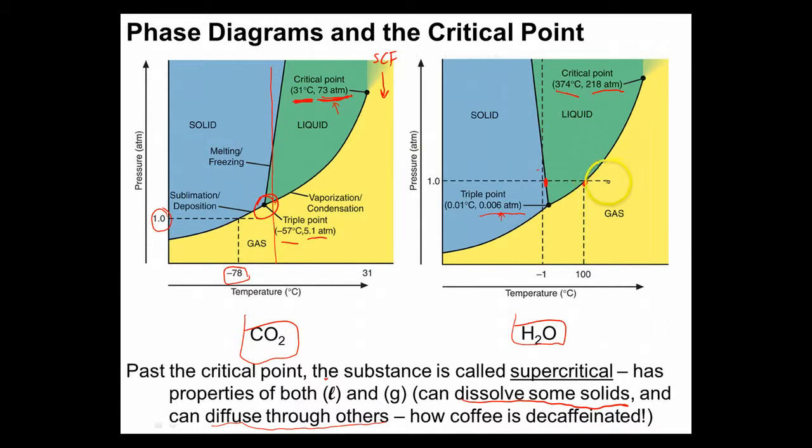Now, water does something a little bit weird there. If we pick -1 degree Celsius, just to help guide the eye, and we're raising our pressure. Notice when we start at atmospheric pressure, sure, -1 degree will definitely be a solid. But it does something a little bit strange. As you increase the pressure, it's actually going to have its phase change go the other direction. It's actually going to turn from solid back to liquid. Now we do use this to our advantage when we're ice skating.